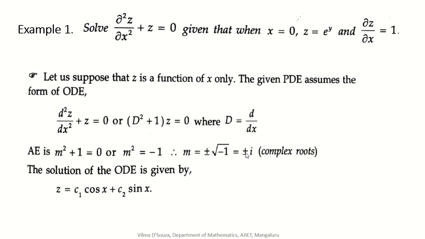So if the roots are ±i, what is your solution? This is z here. So write down z = c1 cos x + c2 sin x, not y. z = c1 cos x + c2 sin x.